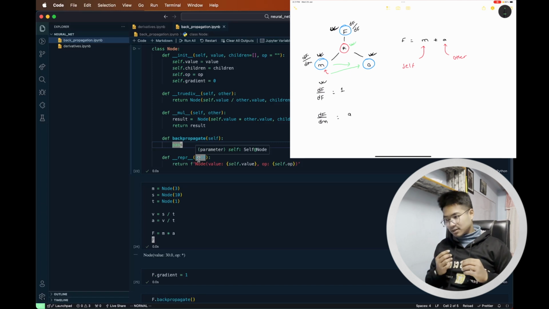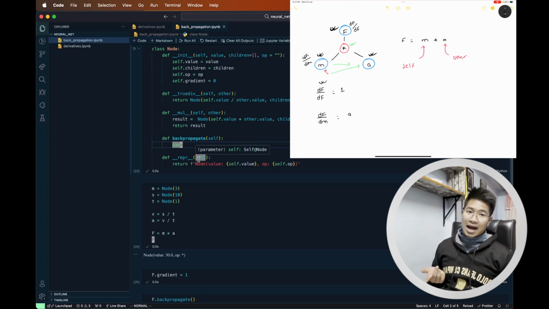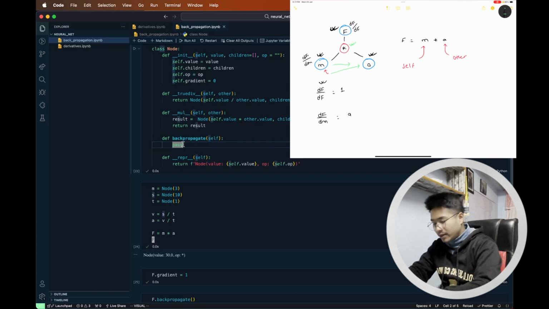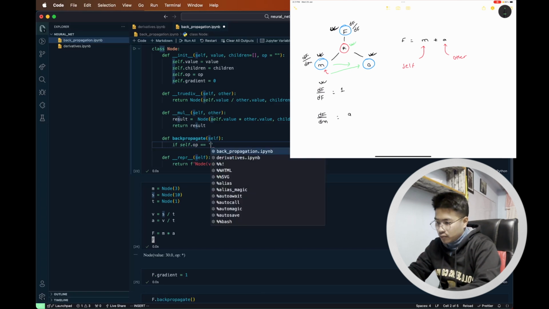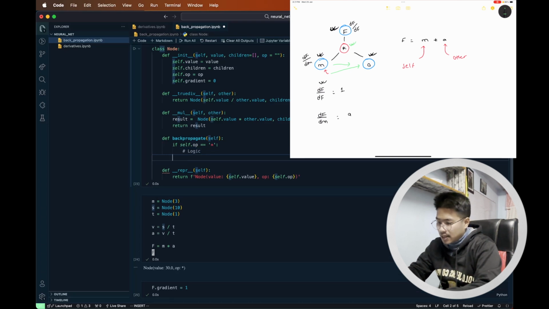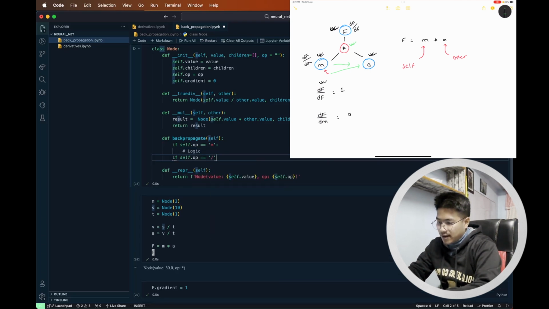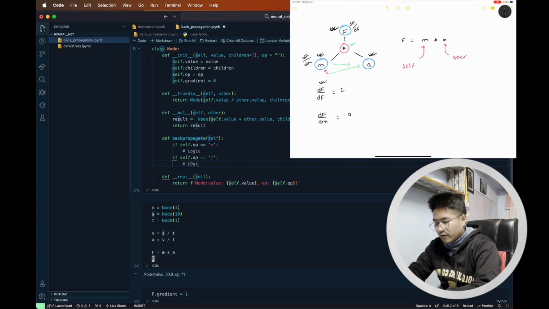But then for every single operation I should have a case here. For example, I need to check if self dot op is equal to multiply, and then have some logic here. And then I also need to check if self dot op is equal to divide, then I need to have some logic here.